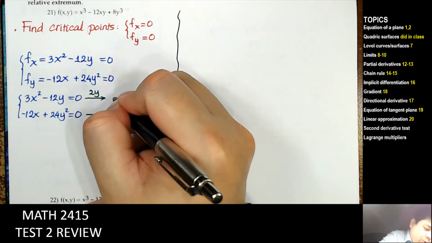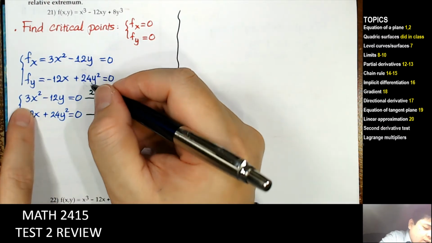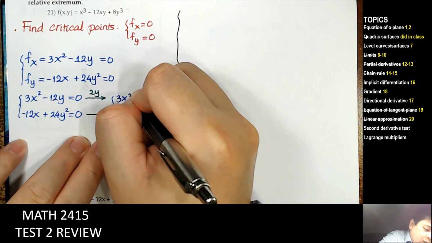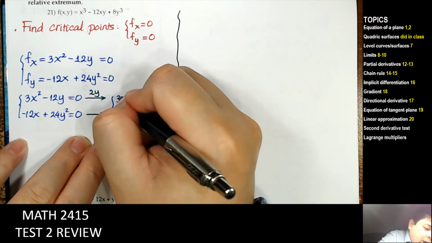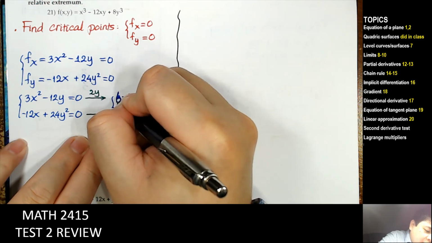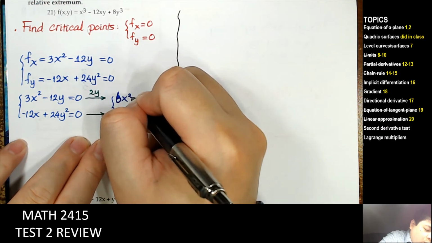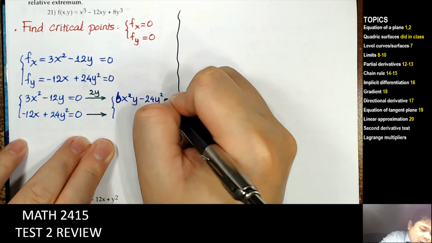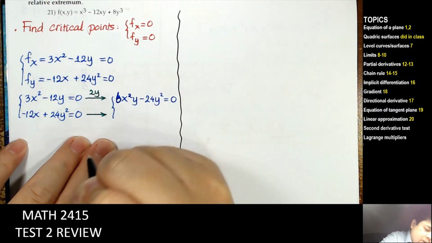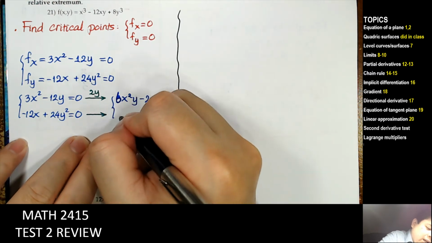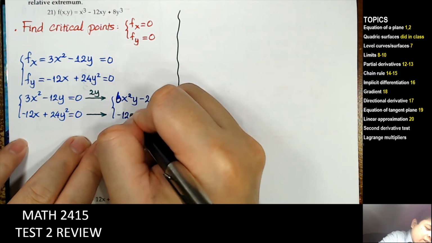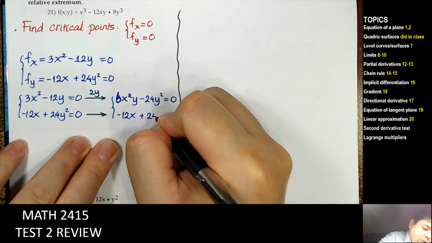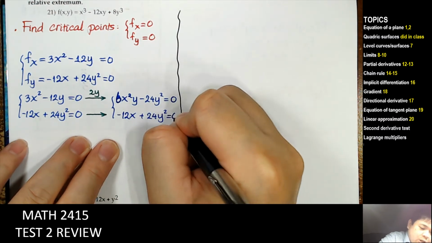So do that, we will have the system of 6x squared y minus 24y squared equal to 0, and then negative 12x plus 24y squared equal to 0.